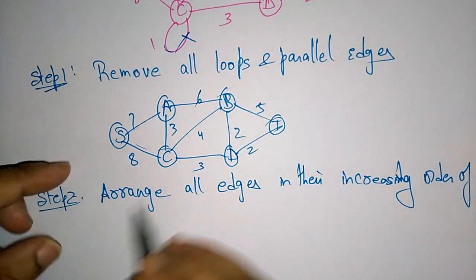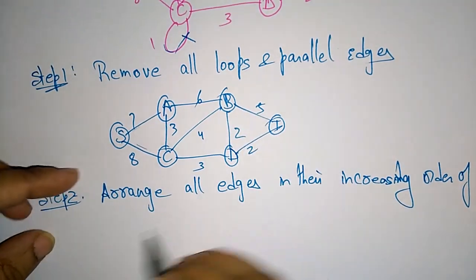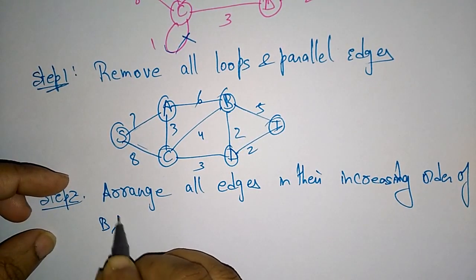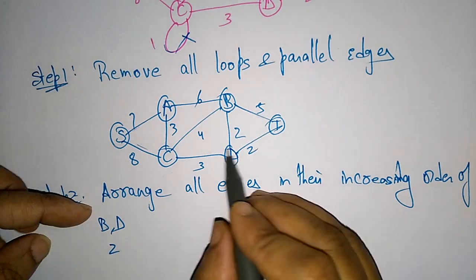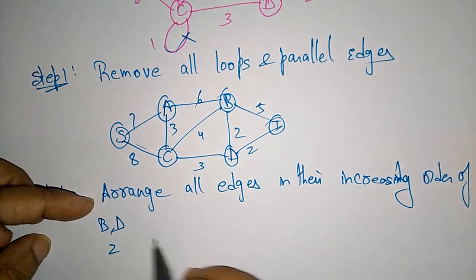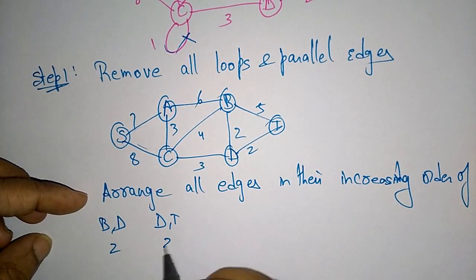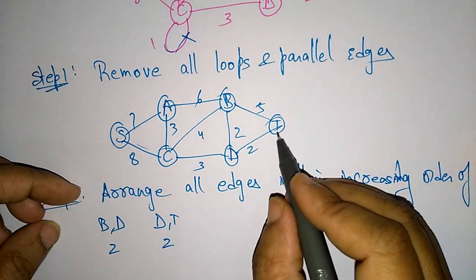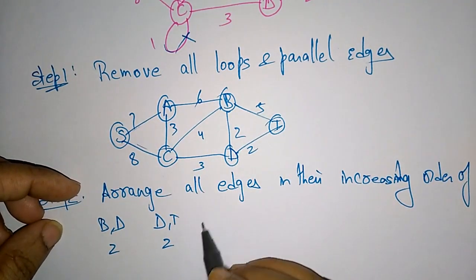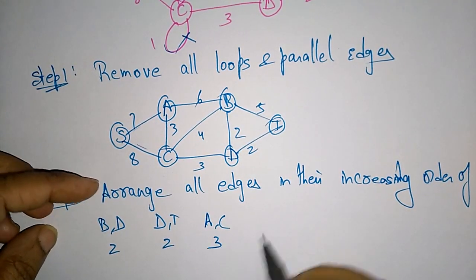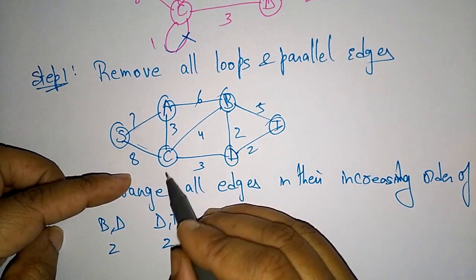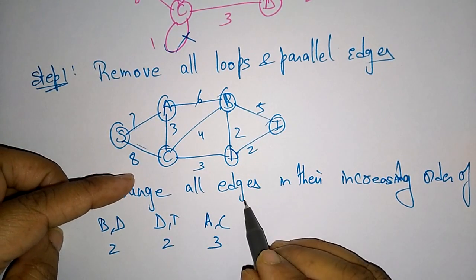So what is the increasing order of weight? First is 2, so select BD. The weight is 2. The next in increasing order is DT. DT is 2. Next is AC. AC is 3. Next is CD.